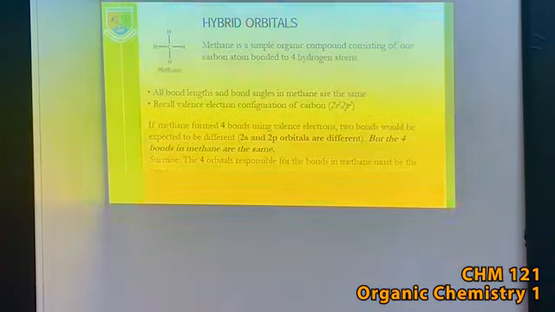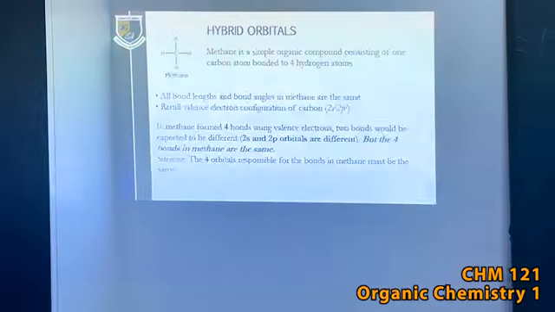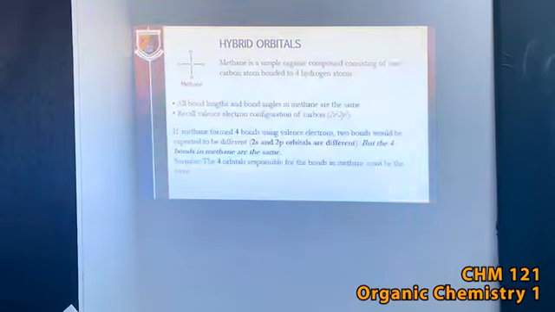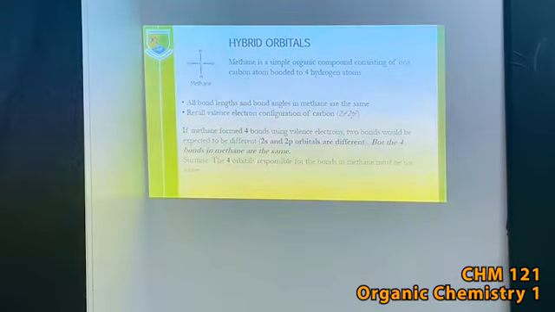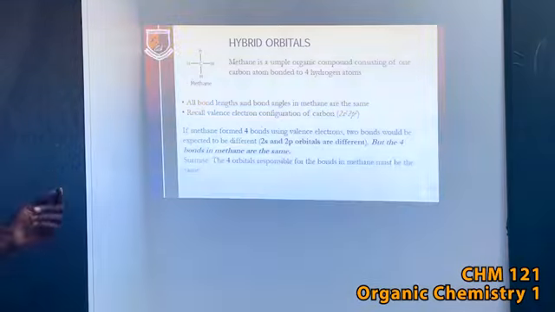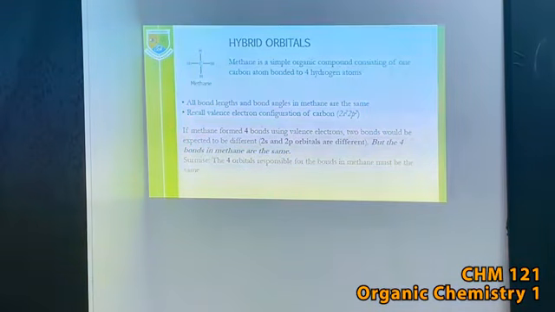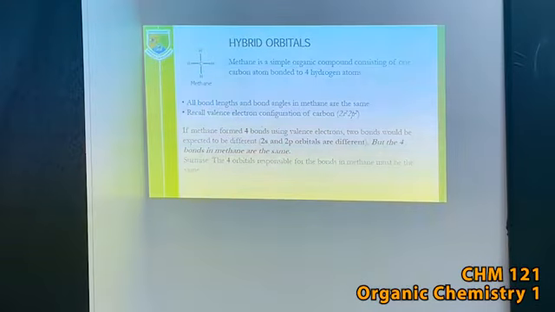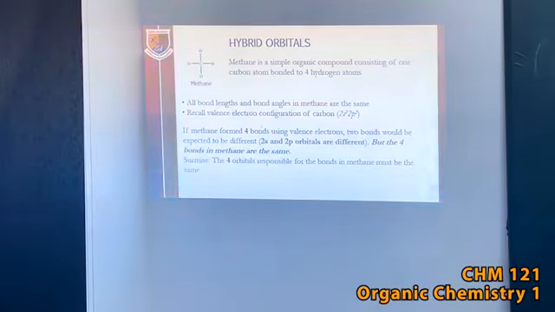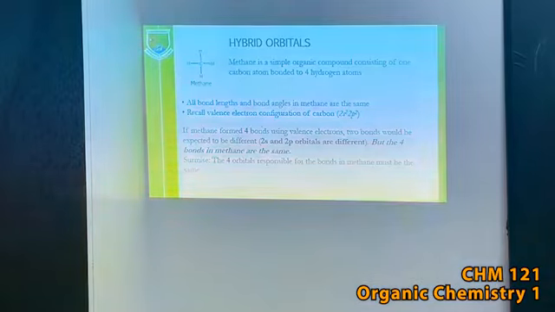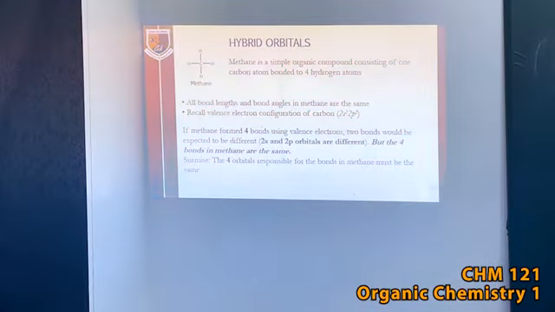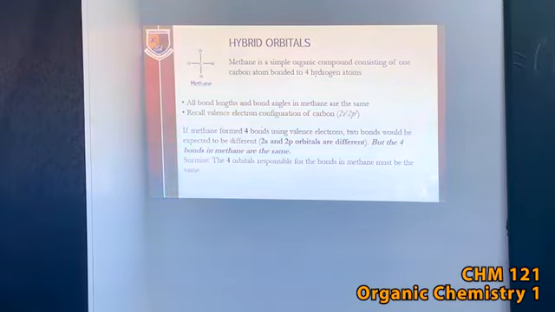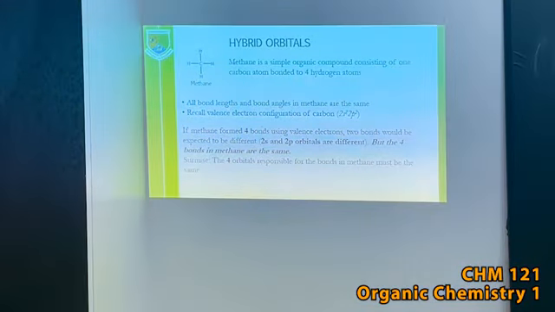So, to discuss hybrid orbitals, let's take a look at methane. Methane is a simple organic compound that consists of one carbon atom bonded to 4 hydrogen atoms as in that structure. Now we notice that all bond lengths and bond angles in methane are the same. But if you recall, the valence electron configuration of carbon is 2s2 2p2.